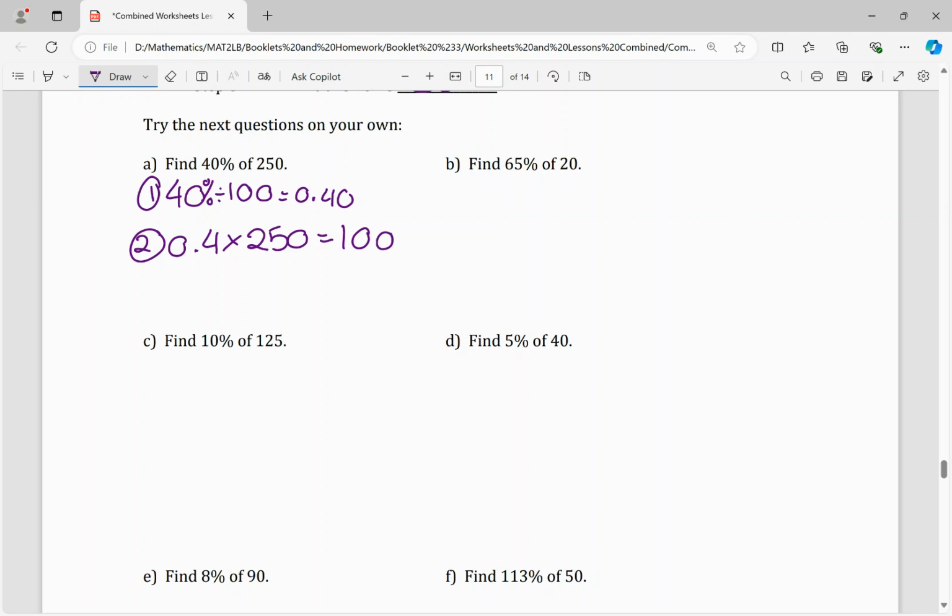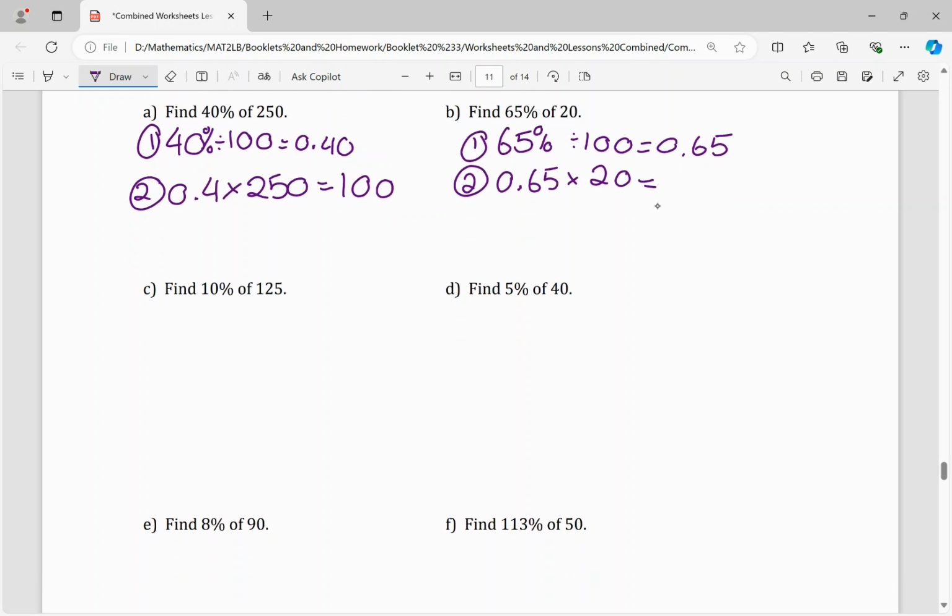Question B, find 65% of 20. Step 1, turn 65% into a decimal. Step 2, take that decimal, multiply it by 20. 0.65 times 20 gives us 13.